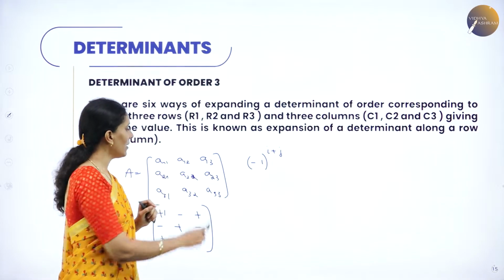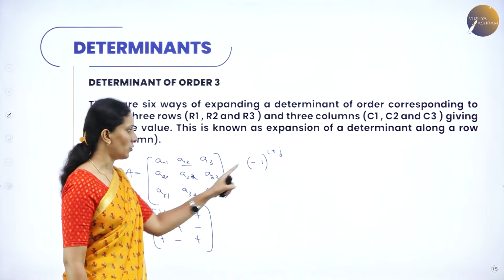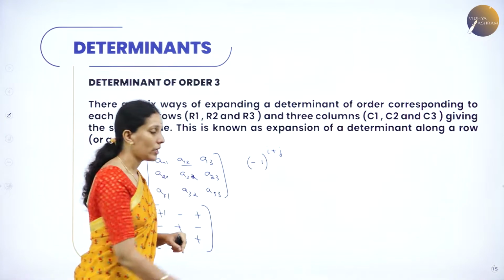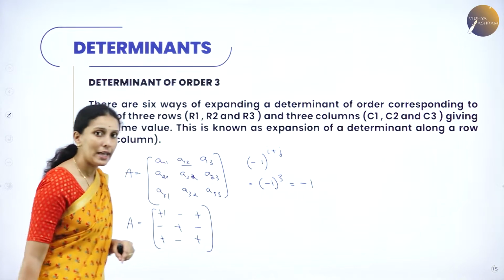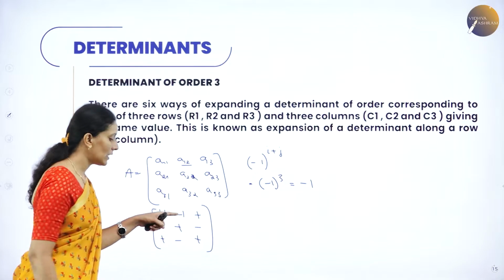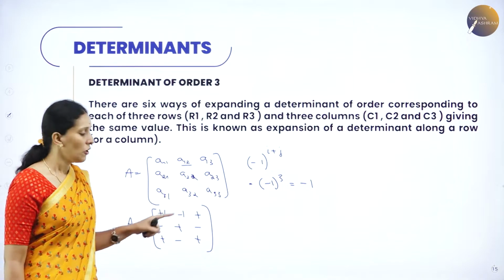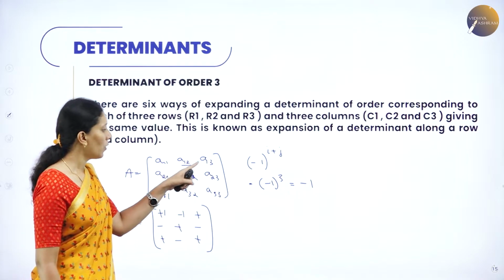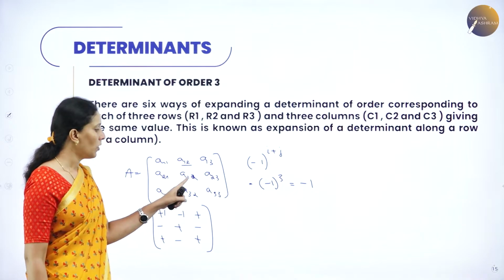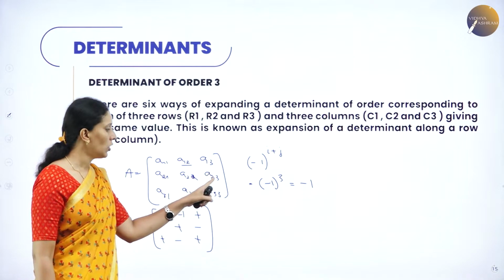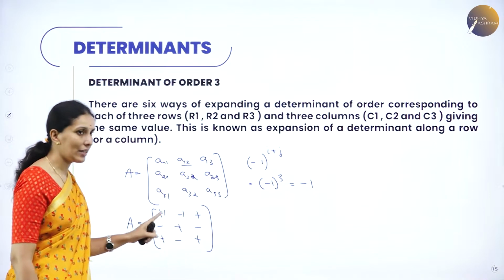And for the first row, second column element, i is 1, j is 2. So 1 plus 2 is 3. That is minus 1 whole cube, which we will get as minus 1. Hence, the second element is written with the help of minus 1, so using the sign minus, we will expand it. Similarly, 1, 3 is 4, so it is positive. 2, 1 is 3, negative. 2, 2 is 4, positive. 2 plus 3 is 5, negative. So therefore, the sign is defined in this form.